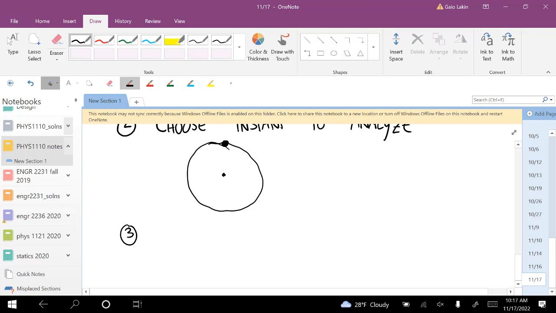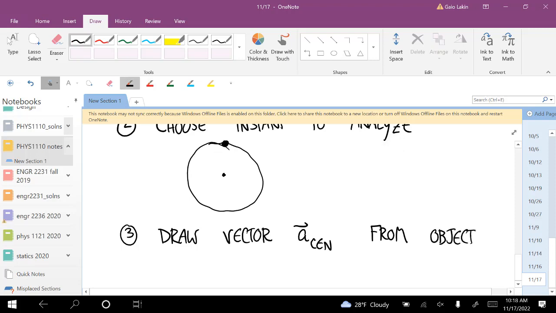Third, draw the centripetal acceleration vector from the object toward the center of the circle.